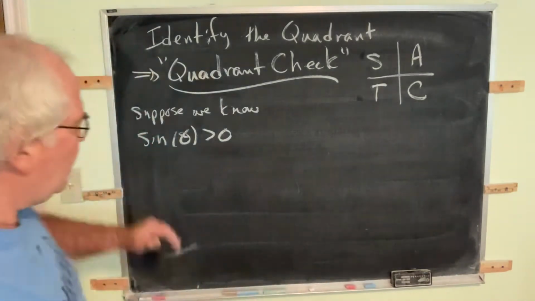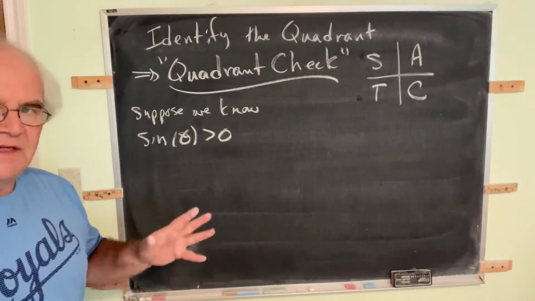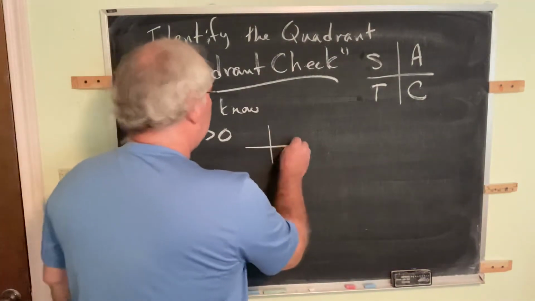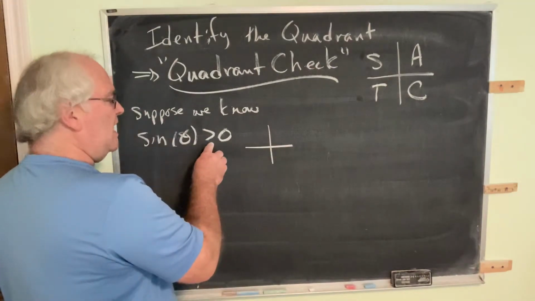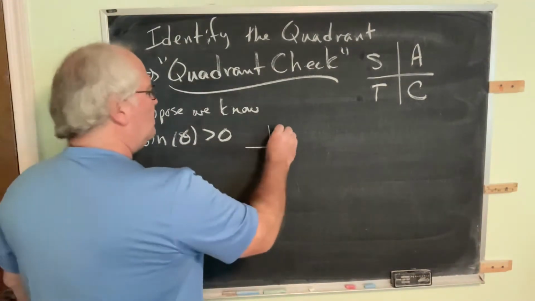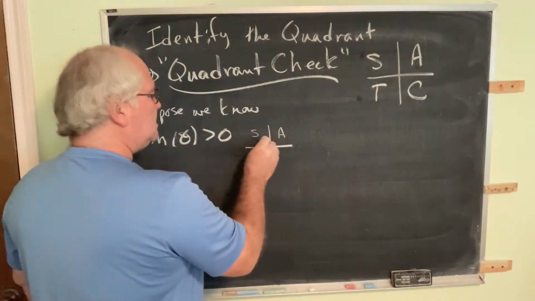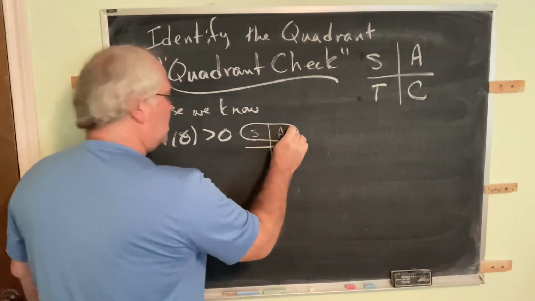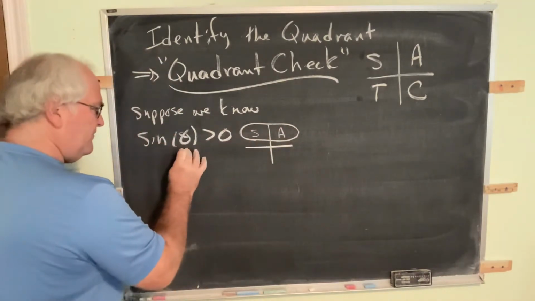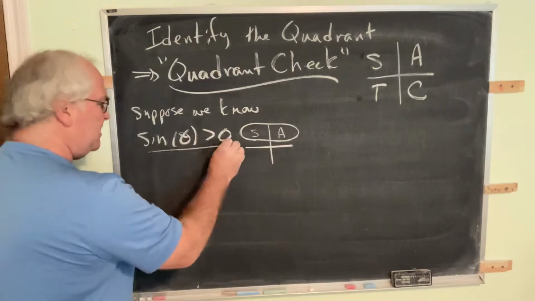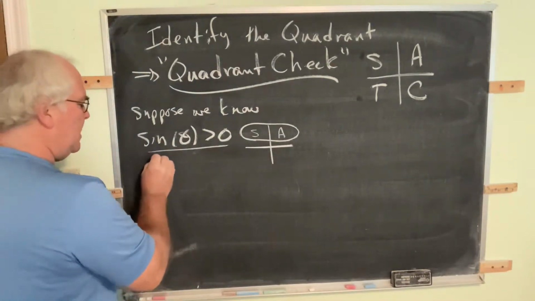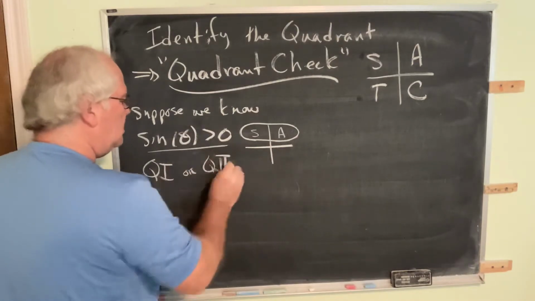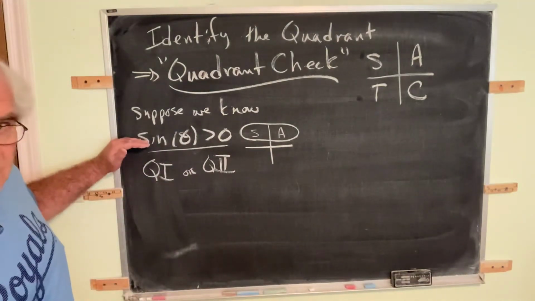If sine of theta is greater than 0, that means positive. Sine is positive in either quadrant 1 or quadrant 2. So this piece of information, by itself, lets you know that you are in either quadrant 1 or quadrant 2. So far, that's all we know.